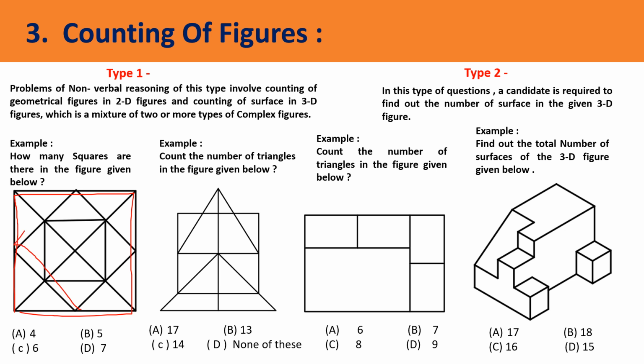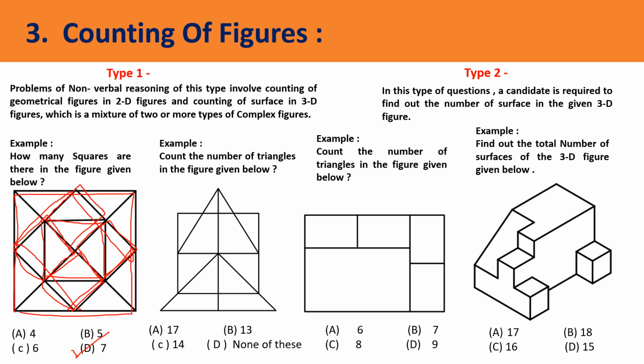This is 2, then 3, then 4, 5, 6 and 7. Okay, so 7, yes, D is the correct answer.